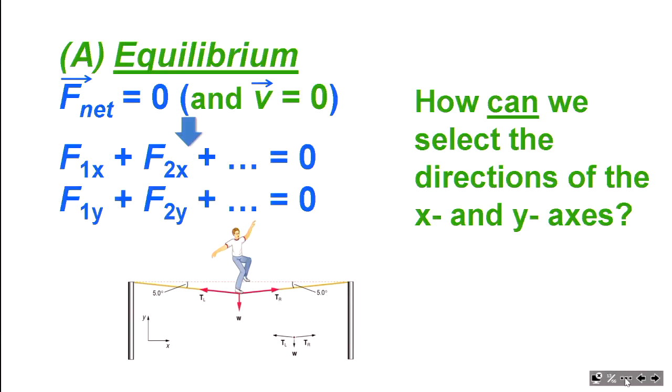Any questions? Well, every time when we have to solve a problem like that, we have to choose x and y axes. And how can we select those x and y axes? What would you say?